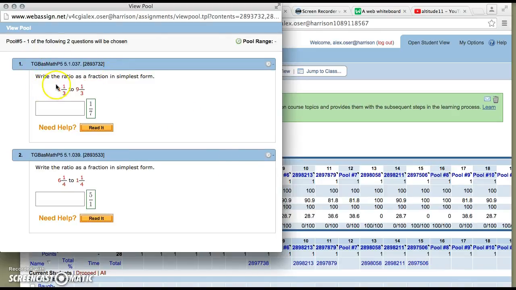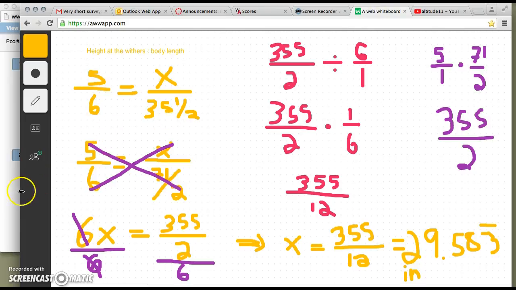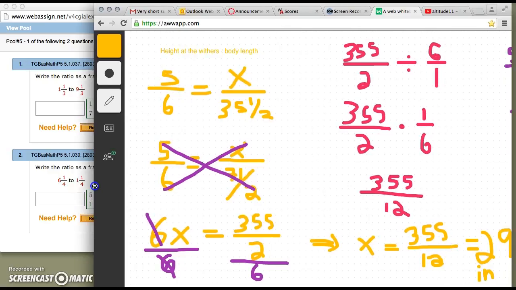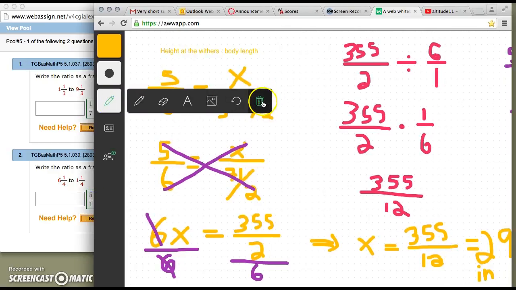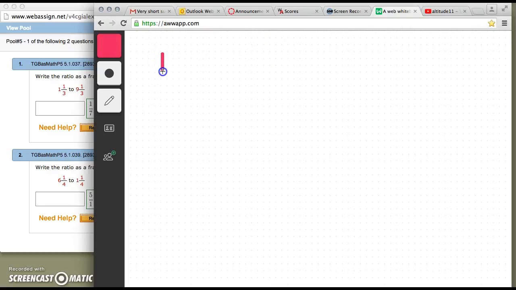For problem number 7, it says to write the ratio as a fraction in simplest form. So we have 1 1/3 to 9 1/3.